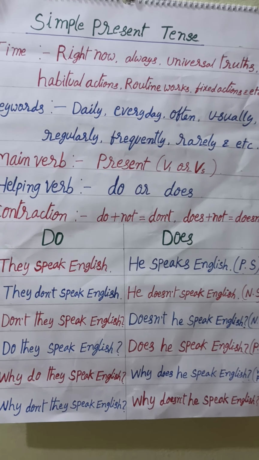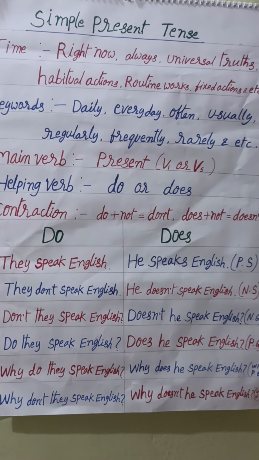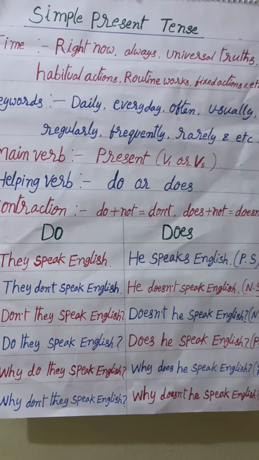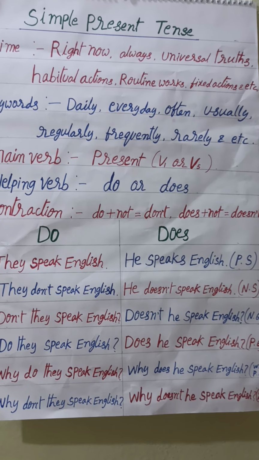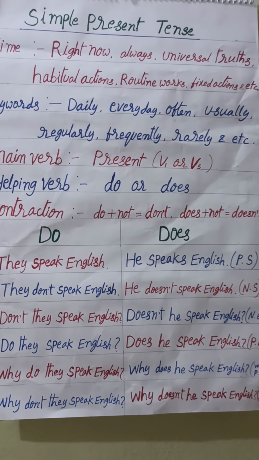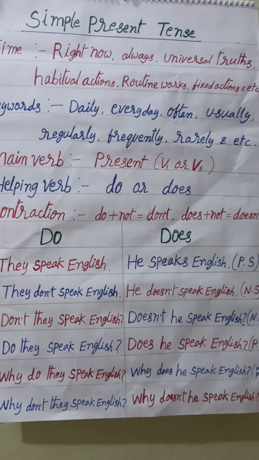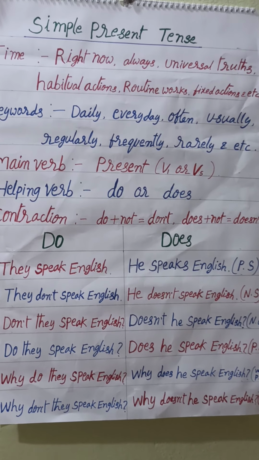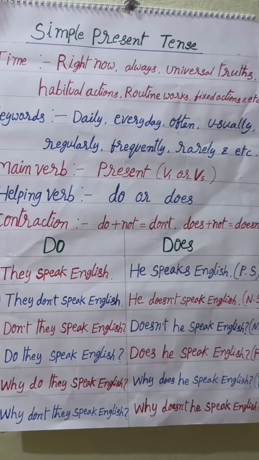Third sentence is, don't they speak English? Here we write don't before they. It is a question, or interrogative. Don't they speak English?